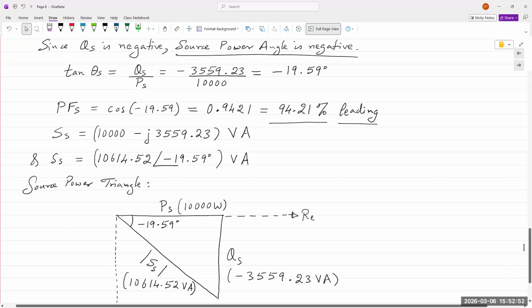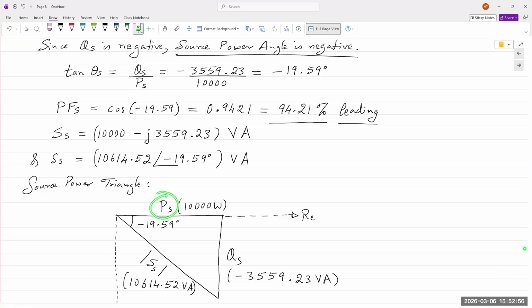So the question being asked is about the units. Units for P is watts, for Q is VAR, and for S is VA. So it's different for three different quantities.